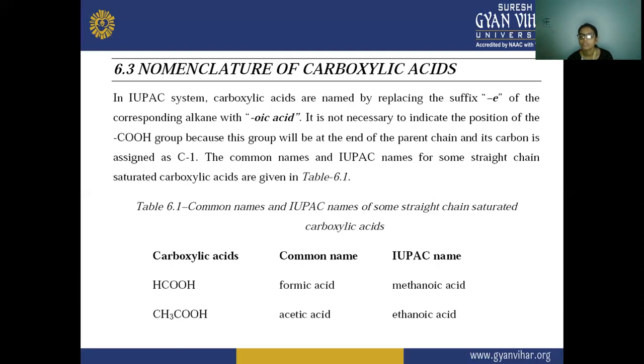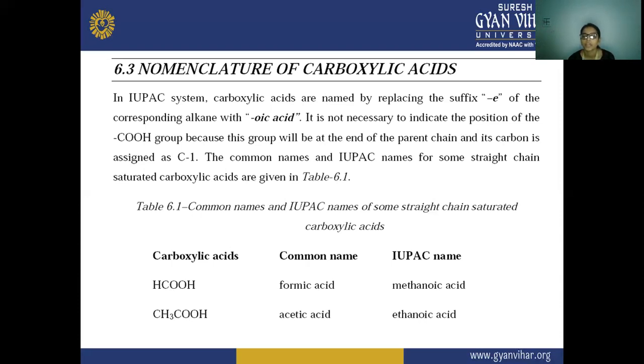In the priority sequence of the IUPAC system, the carboxylic group has the highest priority in the priority table. The first group, present at the first position, is the carboxylic acid, so it does not need any number to show its position.